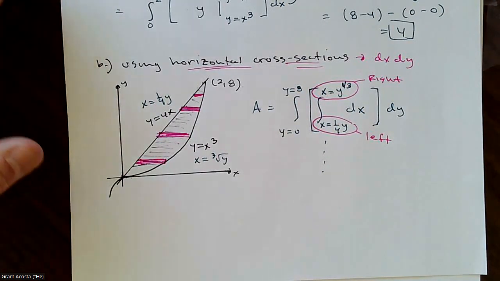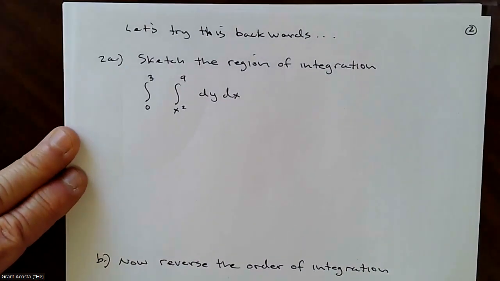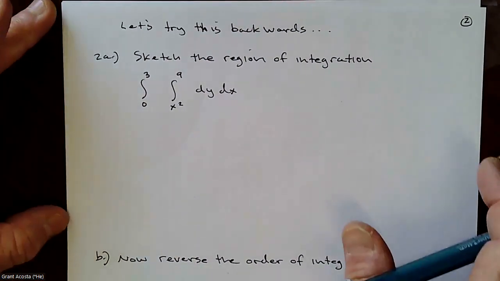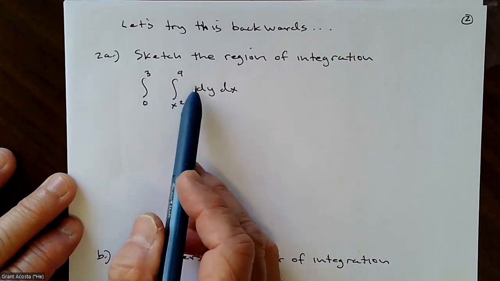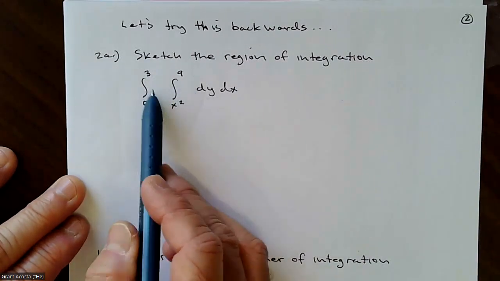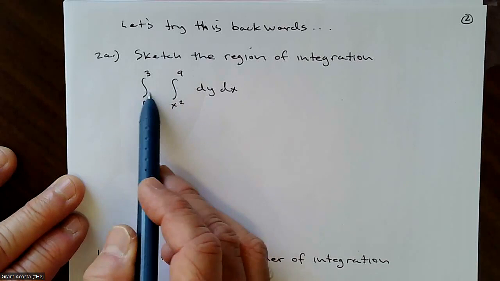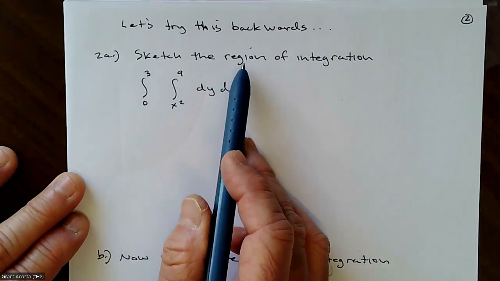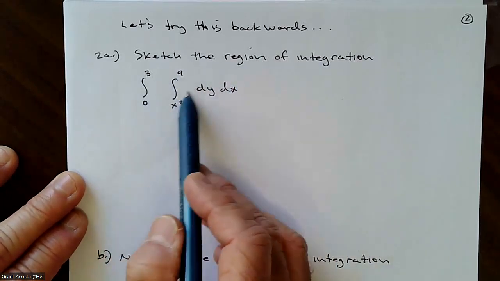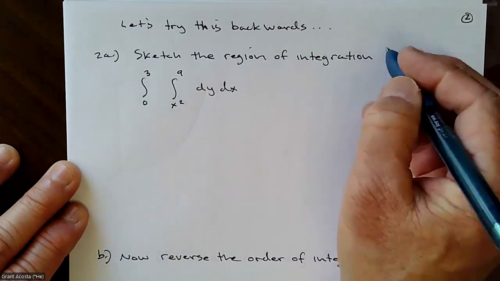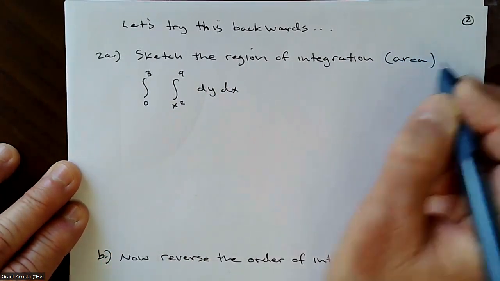Okay, so let's try this backwards now. Say I had this double integral. That integral represents the area of some region. And so we want to sketch the region of integration that this integral is having us find the area of.